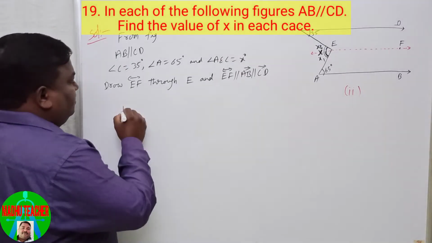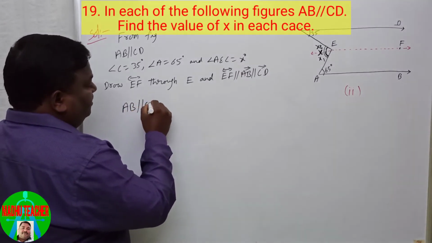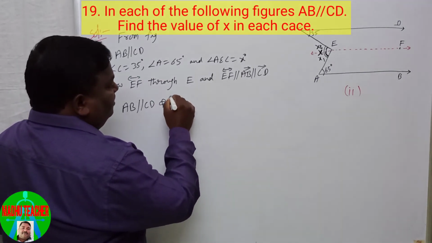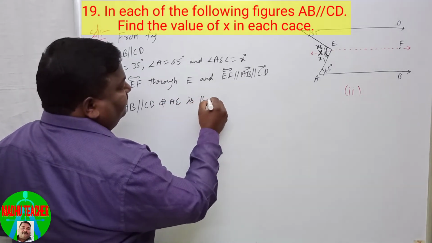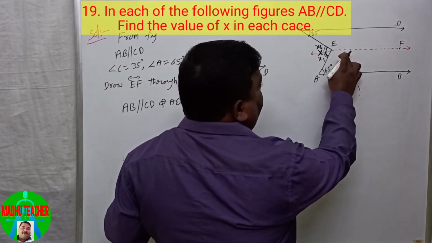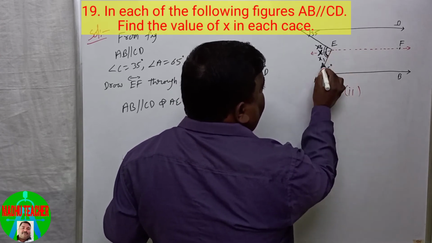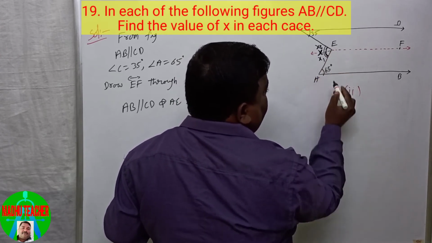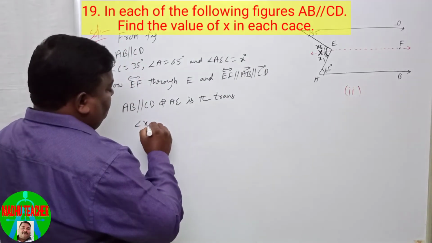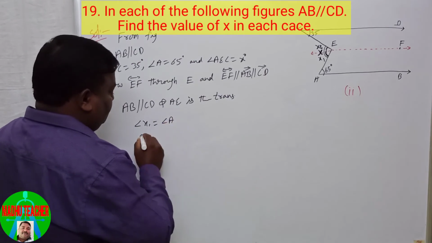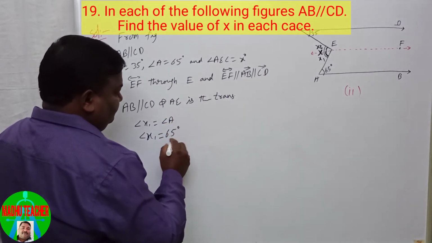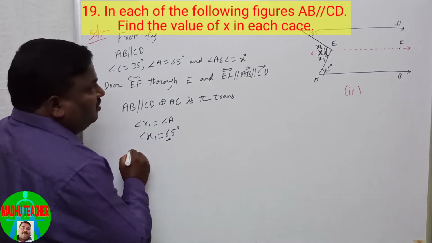So first I am taking AB parallel to EF and AE is the transversal. Therefore, these two angles x1 and 65 are alternate interior angles. That is x1 equal to angle A. That is angle x1 equal to, what is the angle A? 65 degrees.